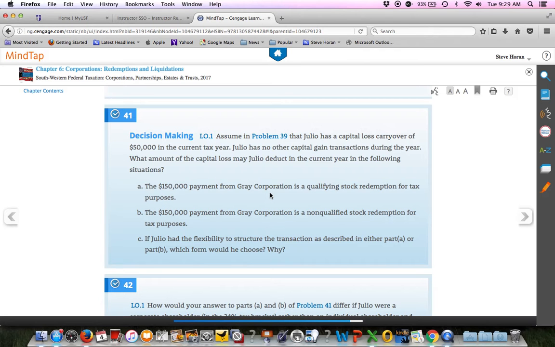So basically, $100,000 gain minus $50,000 carryover, and then 50,000 times 15% is 7,500. For B, non-qualified. Julio could then deduct only 3,000 of the capital loss carryover to offset ordinary income. So he can only take 3,000 of that carryover to offset ordinary income.